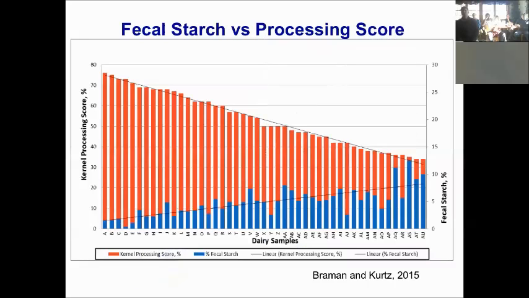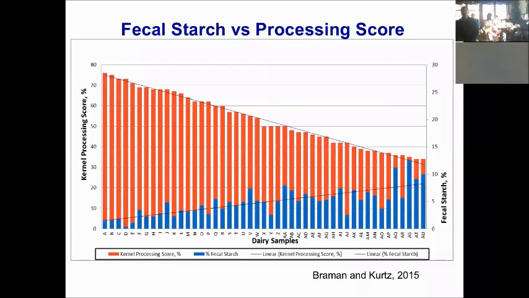Recent work by Bremen and Kurtz, Chris Hansen's group, sampled a whole bunch of different farms, looking at the relationships between corn silage processing score, high and low, and fecal starches in the blue here. What you can see is a really nice inverse relationship.